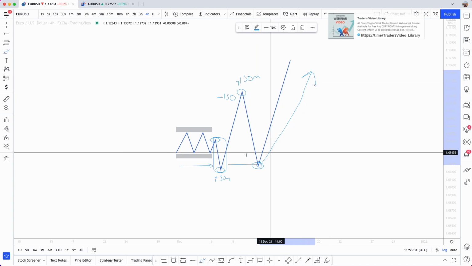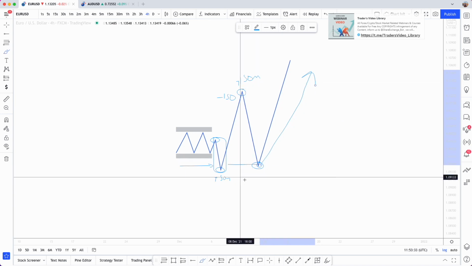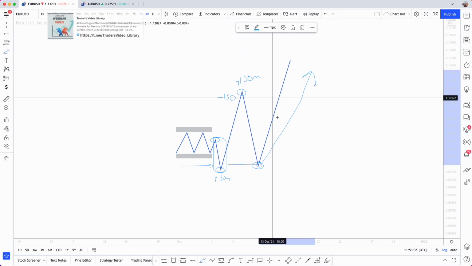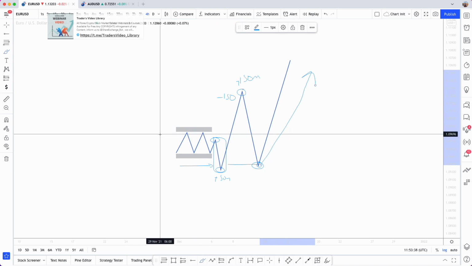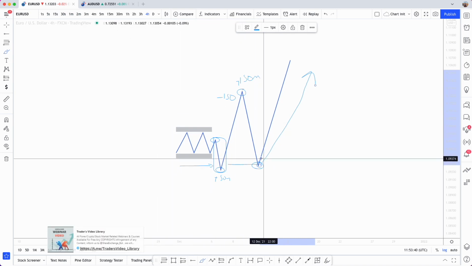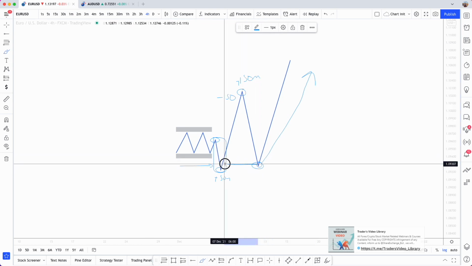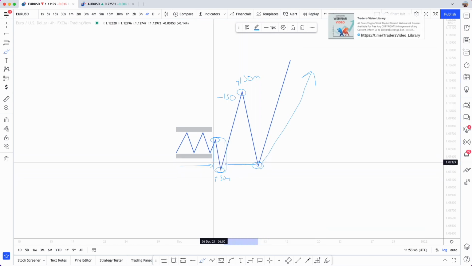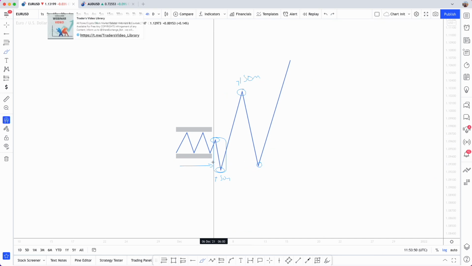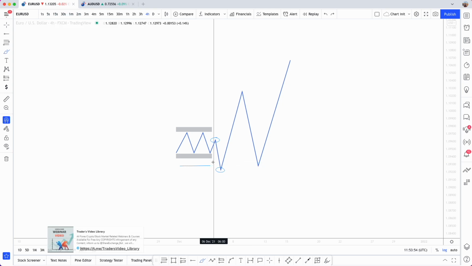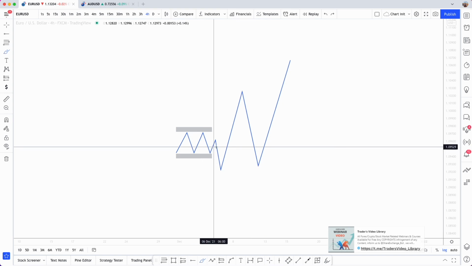That mitigation is the footprint that we are looking for. This exact model is all that we are looking for. We are trading the footprint, the mitigation play that is happening when they mitigate their orders. It's very easy to understand it in this way, and it's quite easy to have set rules on as well, which we'll explain in this video.